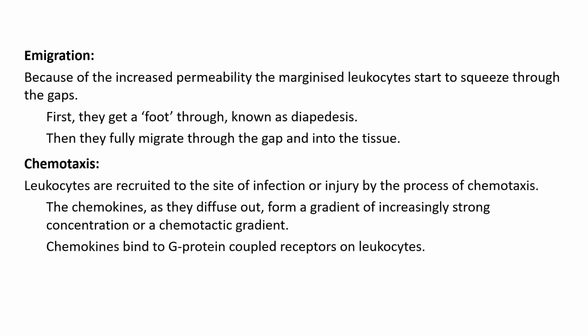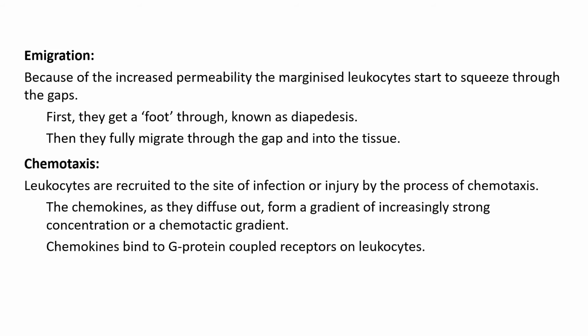Those chemokines bind to G protein coupled receptors on the leukocytes. So our leukocyte gets through into the tissues and it has receptors all around it, lots of different receptors for chemokines. And okay, a chemokine binds to one on its nose.